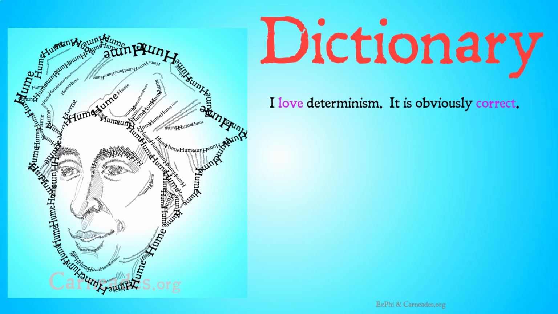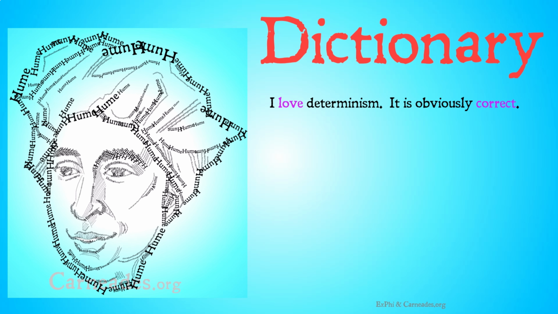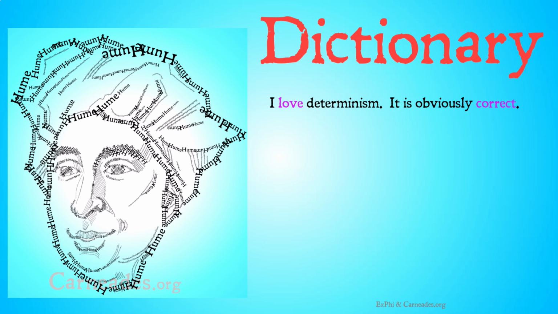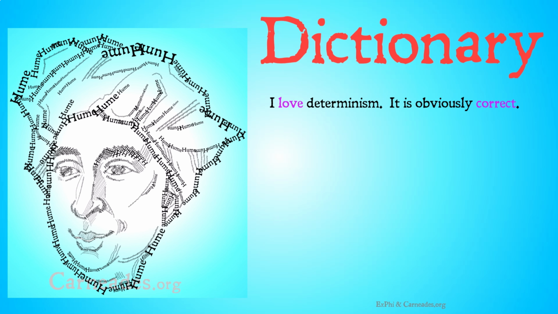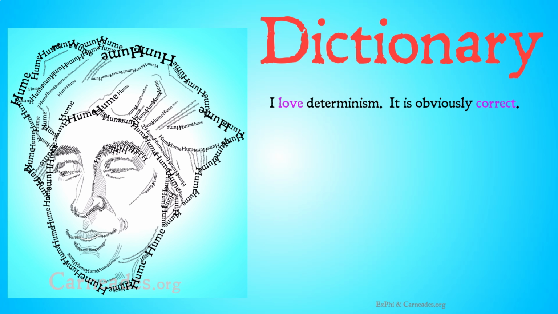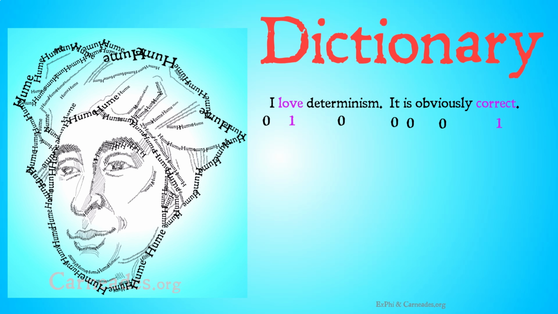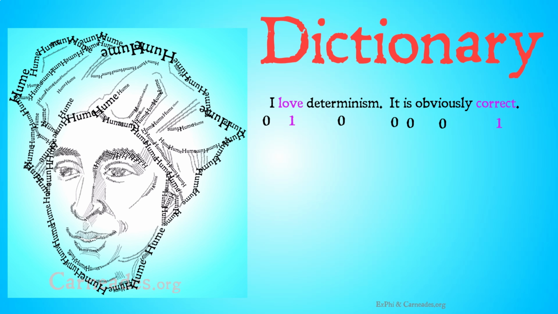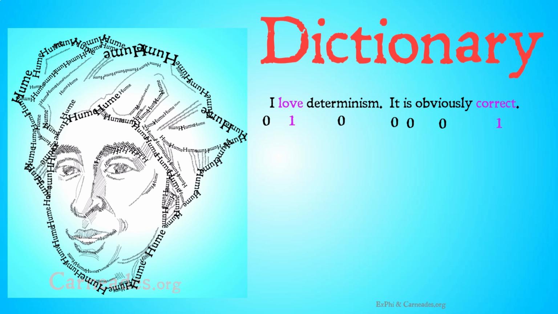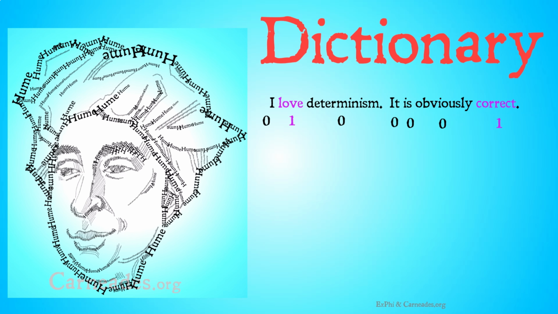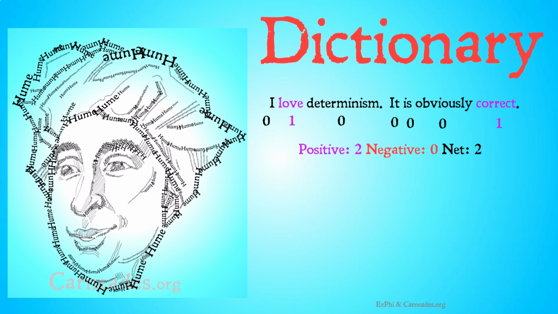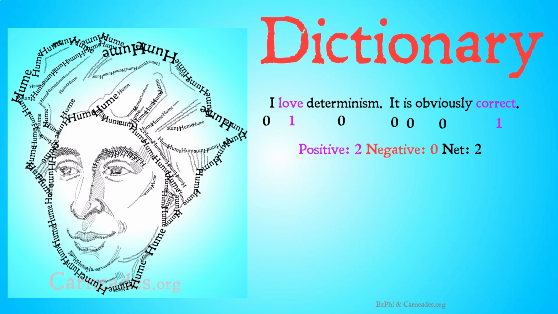So if you had someone tweet, "I love determinism, it is obviously correct," and you had a sentiment analysis program checking all of the tweets about determinism to see if they're positive or negative, it would code this as positive because it would pick out the word love and the word correct as positive words, code those as ones, code everything else as zeros, count it all up, and say we've got two positive, no negative, and so our net value of this sentence is 2.